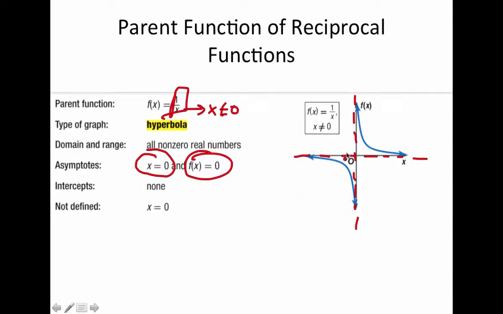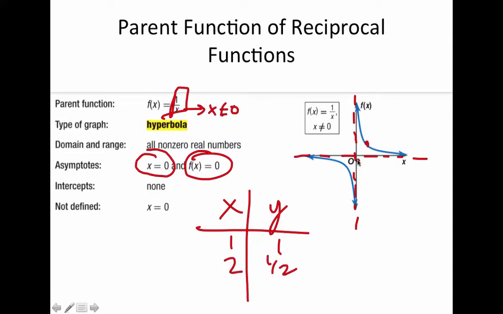And then if you did an XY chart and asked what are some values I can put in? I can't put in a 0, so I put in a 1. 1 over 1 is 1, so that's this point right here. 1 over 2 is a half. So we get a third and a fourth and a fifth.